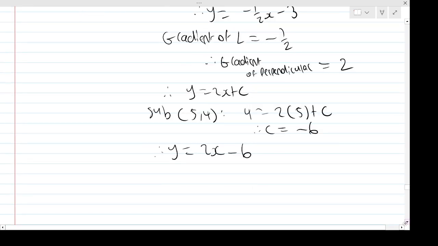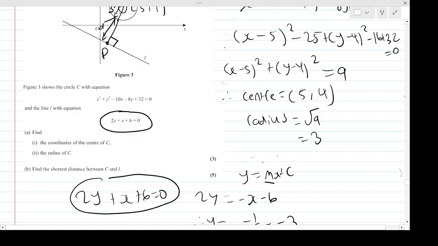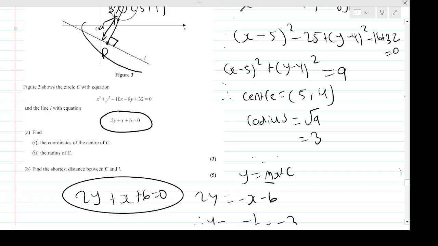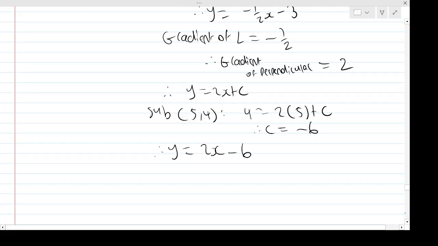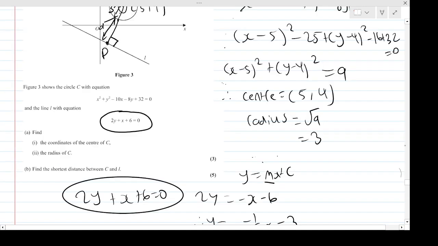Okay, but that's the equation of the perpendicular, and I also know the equation of the line L. So I can find that point P, which is again over here, the intersection between that perpendicular and the line, which will then allow me to consider some distances between points. They can be equated because they're intersecting.